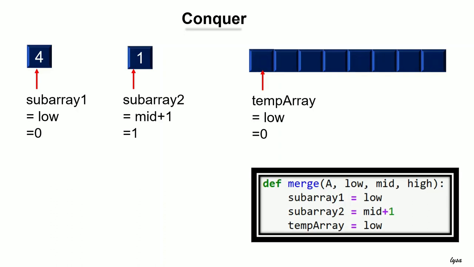This temporary array is used to sort and write the sorted elements in the intermediate stages. In the temporary array, the first position where I'm trying to write the value is position 0. So now in the temporary array, 4 is at index 0 and 1 is at index 1. The temporary array will now sort and write the values in indices 0 and 1.